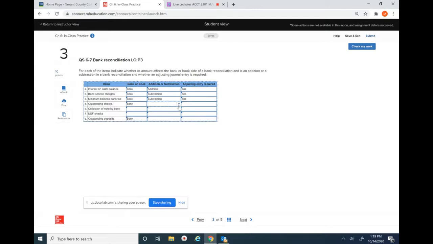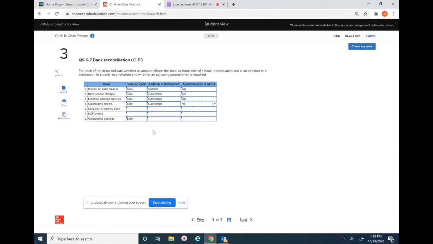Outstanding checks will be a decrease because this is something that the company used to pay a bill. And we will just leave it alone. We're not going to prepare a journal entry because it is already reflected in the cash balance on the books.